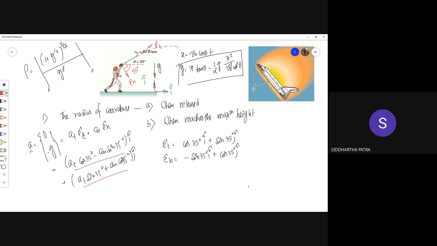Of course, the first term should be 0 and the second term should equate to g, and g in the British system is 32.2 feet per second squared. Once you equate these two, you will get two simultaneous linear equations in at and an. From that you can solve for at and an. Once you have the value of an, that is simply v squared divided by rho, so from that you can get the radius of curvature.